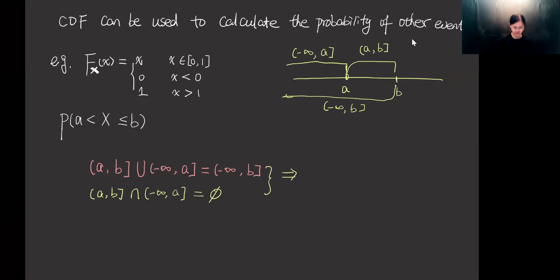Therefore, the probability that X belongs to (minus infinity, b], which is the union, equals the probability that X belongs to the (a, b] interval plus the probability that X belongs to the (minus infinity, a] interval. This is by the third axiom of probabilities. So the probability that X belongs to (a, b] equals the probability that X belongs to (minus infinity, b] minus the probability that X belongs to (minus infinity, a].